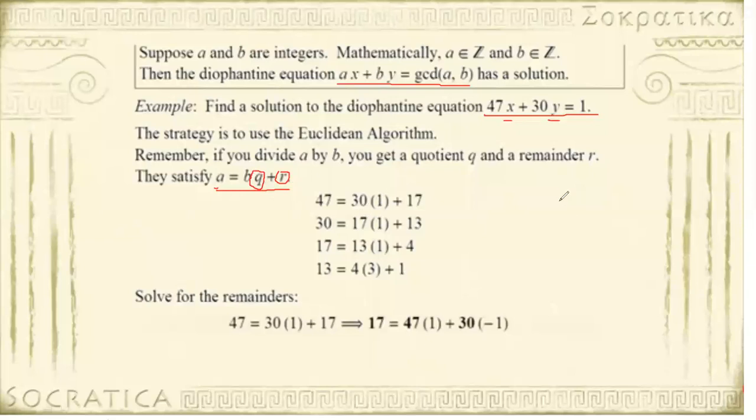If you divide 47 by 30, you will get 1 as the quotient, and the remainder will be 17. So this is the r, and this is q. Here we put the values: 47 = 30 times 1 (this is q) + 17 (this is r).